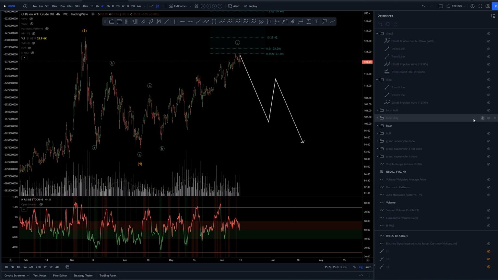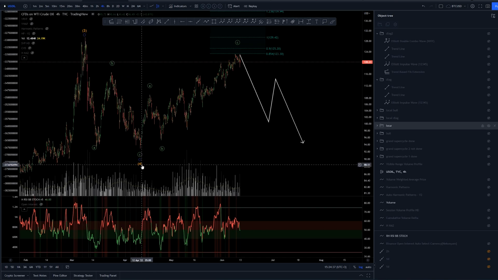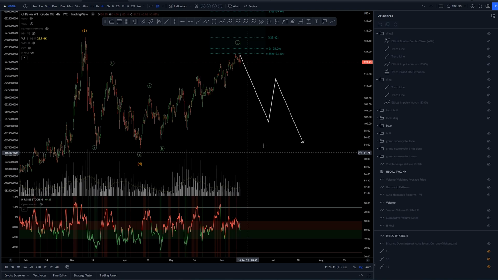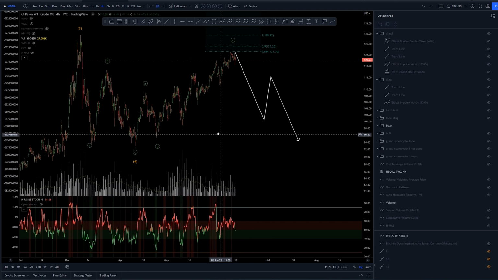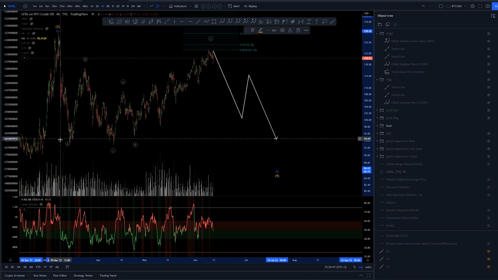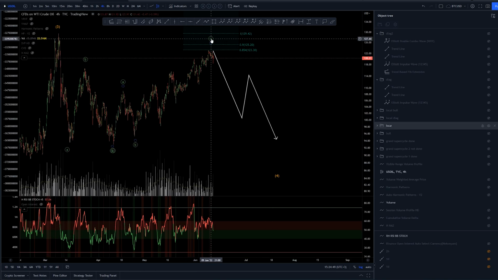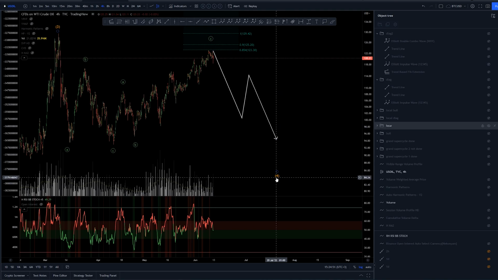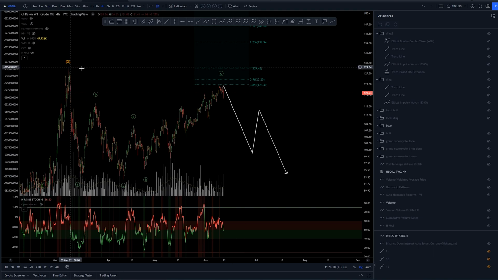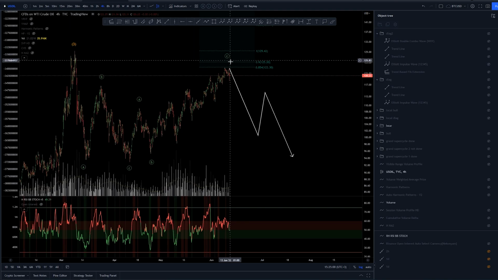Again, we have a possibility of this wave 4 ending here. At that point this would be a minor degree wave, but for now let's keep it as such. We have a possibility of this being an ABC into A wave, then ABC into B, and then looking for 5 waves for C. However, we haven't tagged the 85.4 retracement of this first leg completely yet, so we'll see what happens.